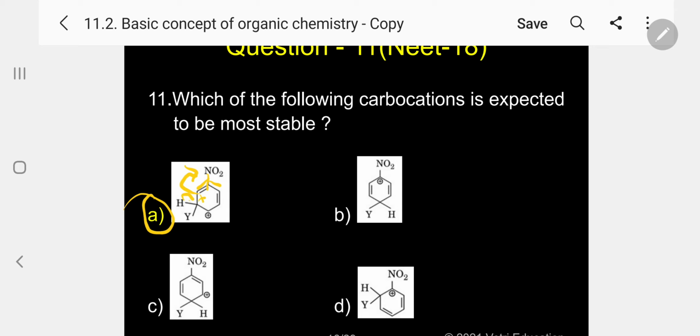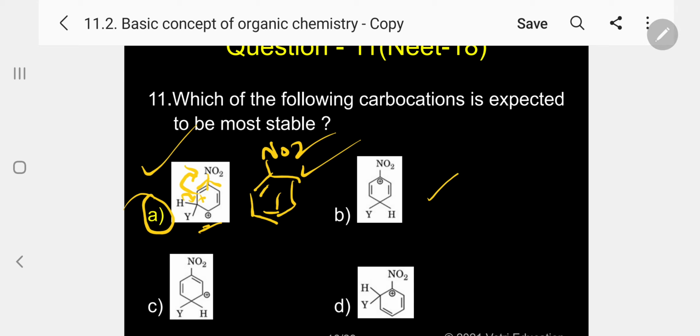This hydrogen will be expelled in the form of H+, forming a neutral compound, that is, kindly follow, nitrobenzene. So this carbon plus, the carbonium ion, is easily neutralized by the H+ because of the NO2 group. So this carbonium ion is more stable.